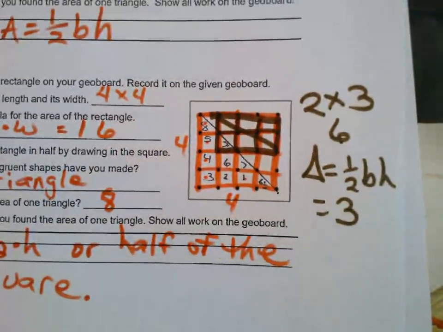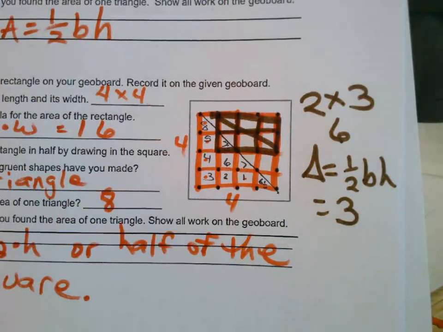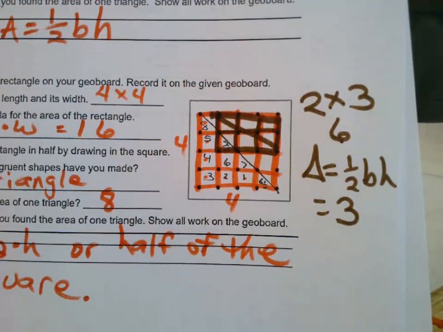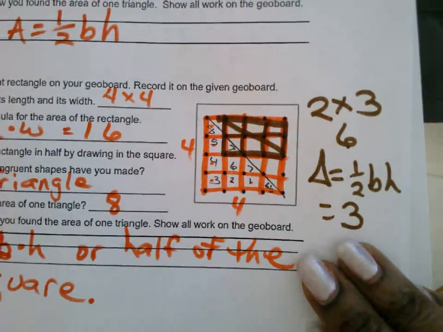Okay, so I decided to do a 2x3 rectangle. They gave me an area of 6. And if I cut it in half, then my triangle is 3. Everybody okay with that? All right, let's turn the page.